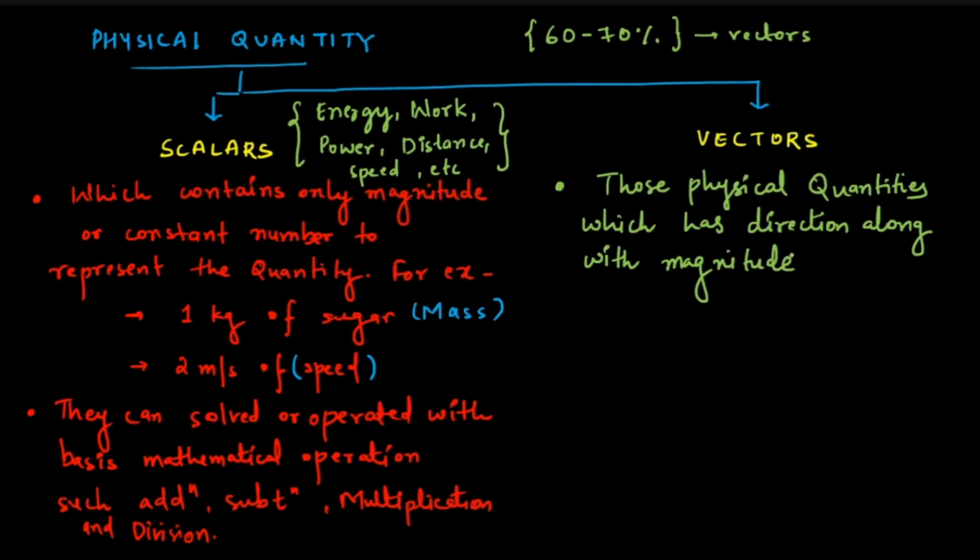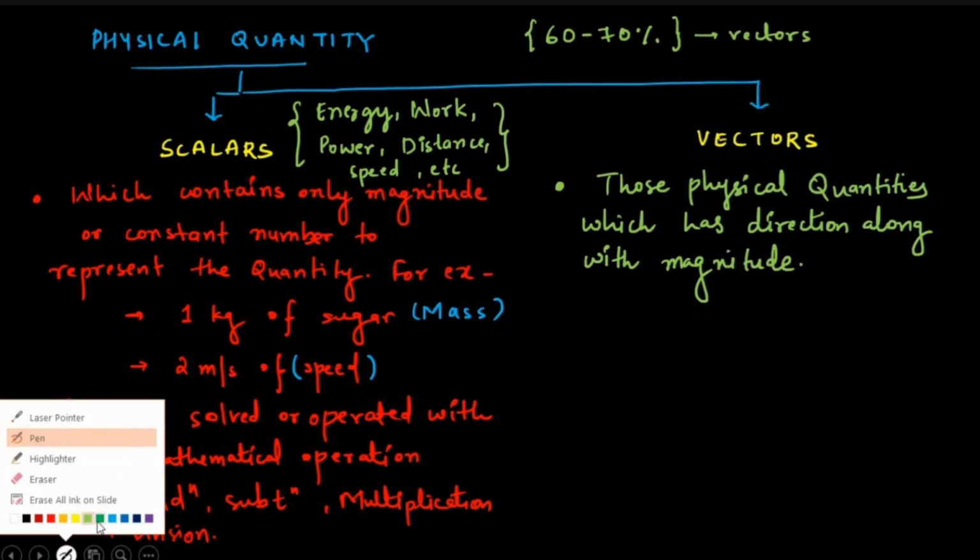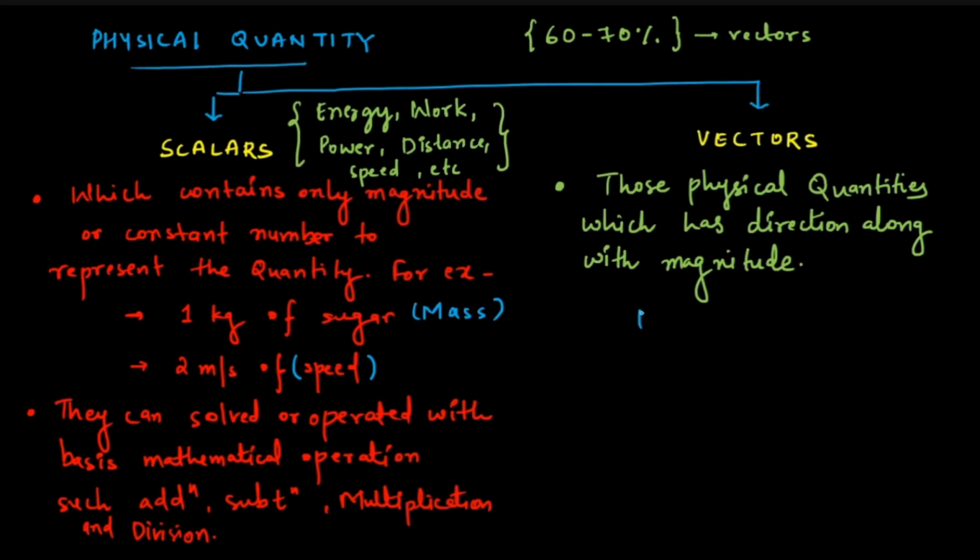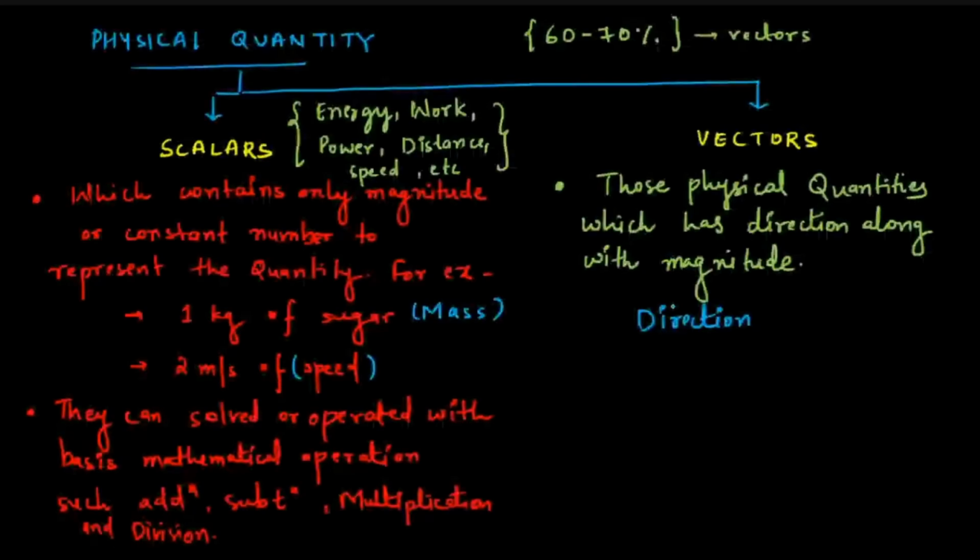Now, how can direction be explained? In order to represent direction, we have two ways. One, we can use an angle to define the direction. Now, an angle is something which is always measured from the origin in the Cartesian plane.